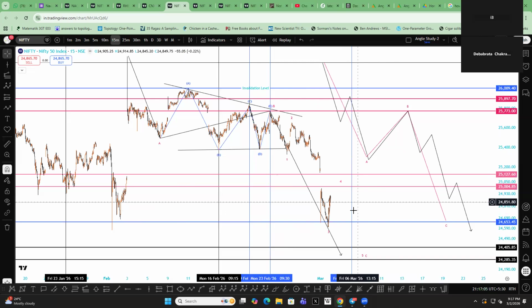6th March is a very important date for the market, and what may happen is that this wave 4 may end tomorrow, and then will again slide down for wave 5. After that, the market should bounce.